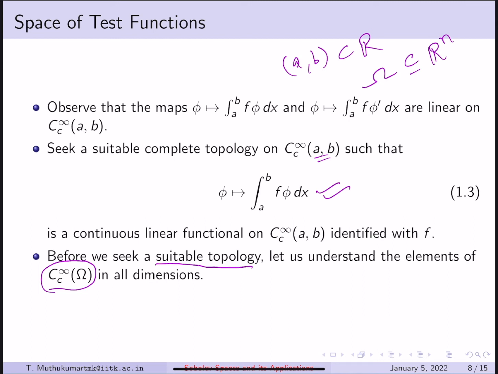So one can define: what is here? It's the infinitely differentiable compactly supported functions on AB. What about here? Here it basically means it's the set of all continuous functions whose all order partial derivatives exist, and the function is compactly supported in omega. Okay, that's what this means.